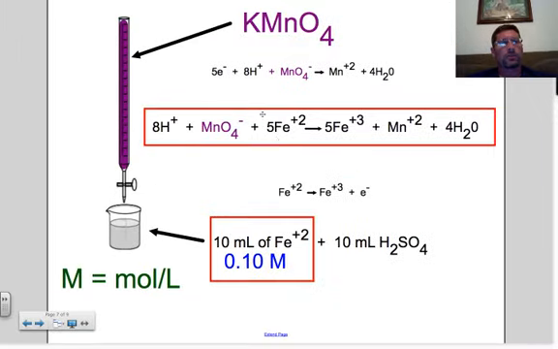And then if we know the moles of iron 2 and it's a 5-to-1 mole ratio, then we can determine the moles of permanganate. And if we know the moles of permanganate and the volume of permanganate that it took to get to the endpoint, then we can determine the molarity of the potassium permanganate solution. That's what we're going to do tomorrow in the lab.